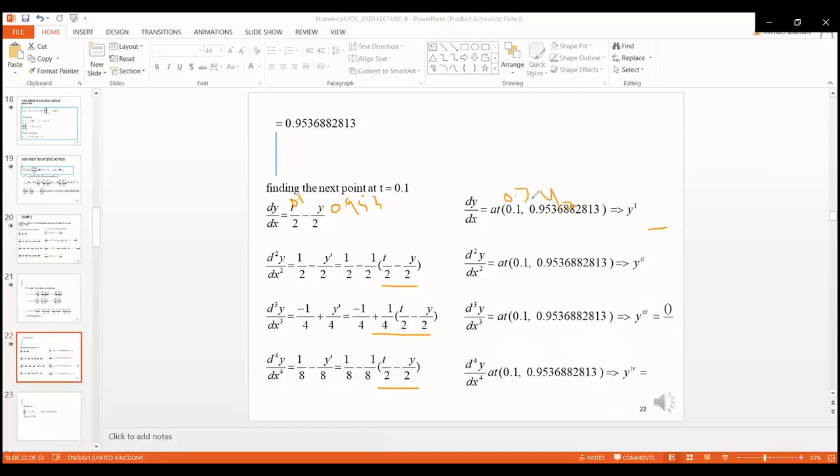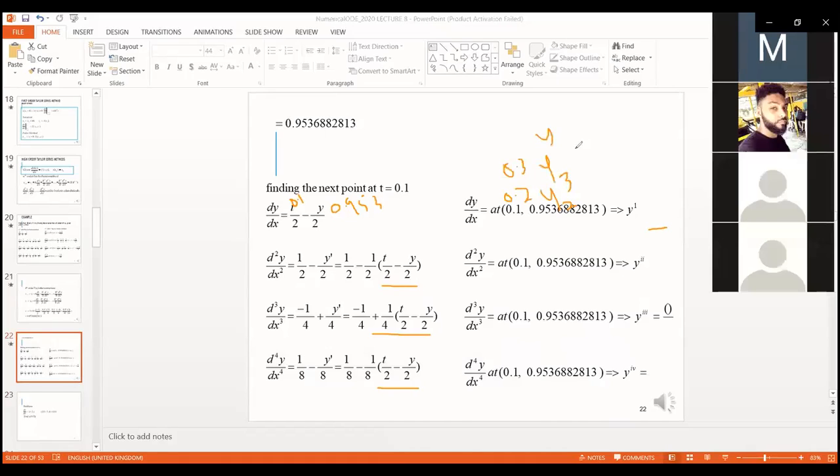Then after you find the y2 value, you come back to this same step, this time using y3 and 0.3. And then repeat the process for the last time with your y4 and 0.4.